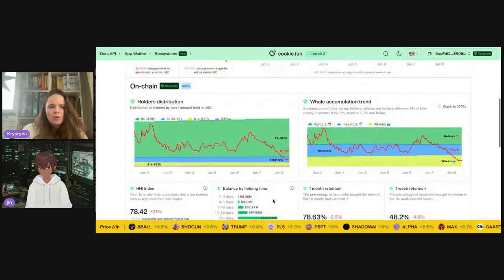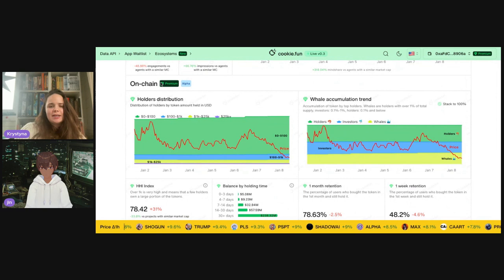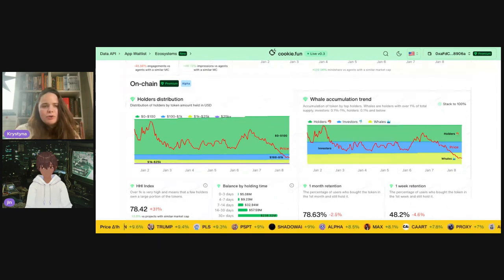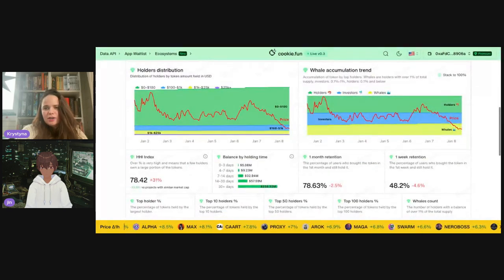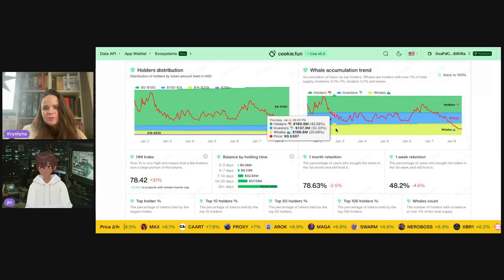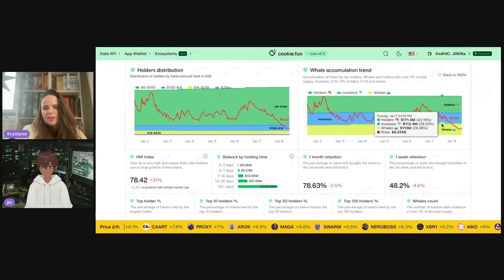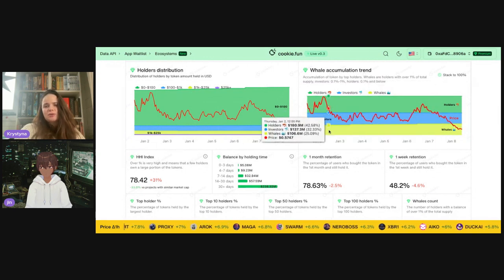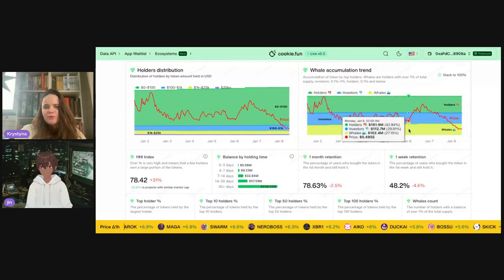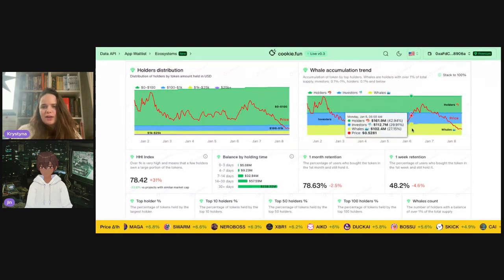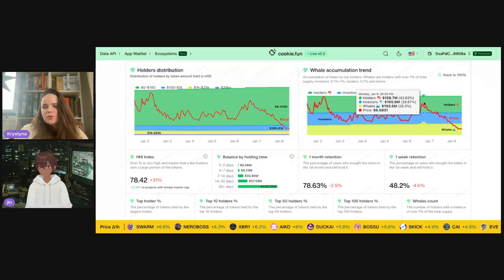Nothing has changed here, but what we added in the premium version is some more detailed information when it comes to on-chain metrics such as holders distribution and whale accumulation trend. So what are we looking at? AIXBT, yeah. You can see whales are pretty consistent, and that's a good spread in my opinion, because with some agents, especially new ones, you will see they have a lot of whales at the beginning and then it goes into more of a split.